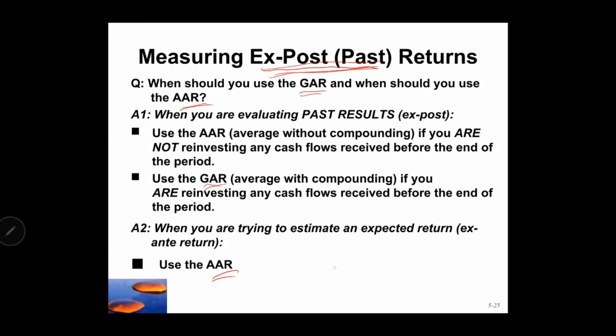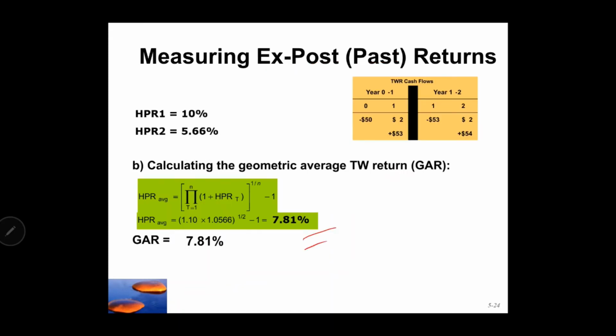So in the previous case the HPR was 10%, this you received, but suppose we are talking about HPR 3, HPR 4, that means these are in future, and we are standing in year 2 at the end of year 2.